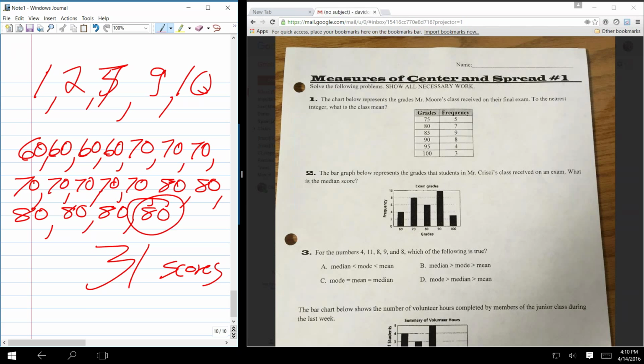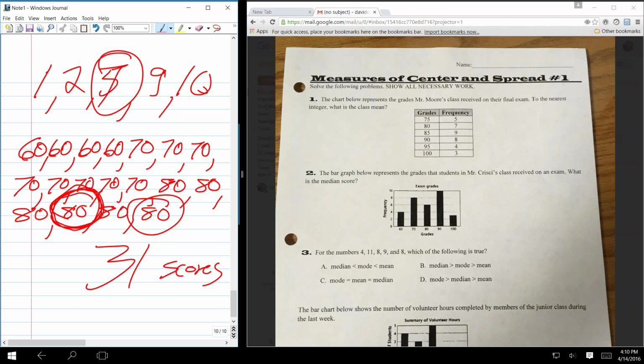The final 80 is the 18th score, so there's the 16th score right there. So that's the median. If you have an odd number of terms in your sequence, then it's the middle term that's always the median, like this one. That's the third term in a sequence of 5 terms.